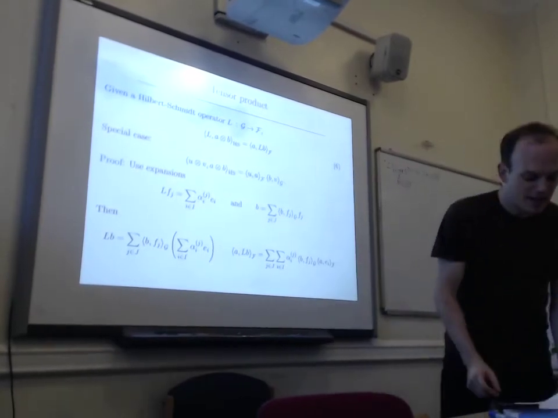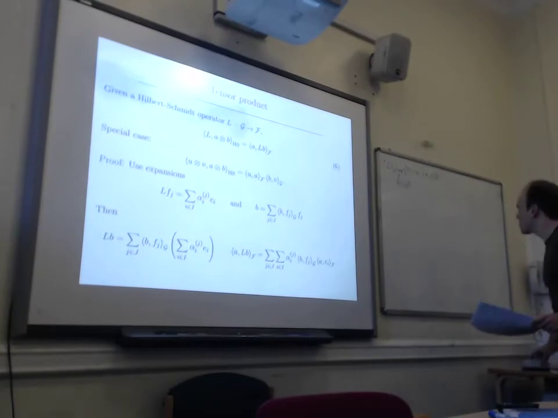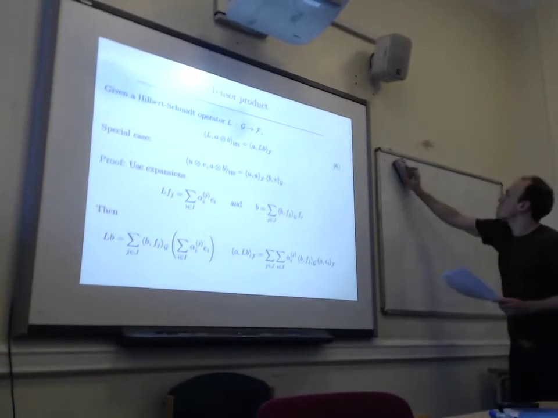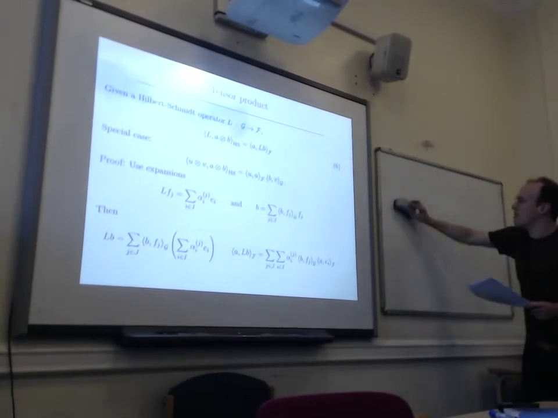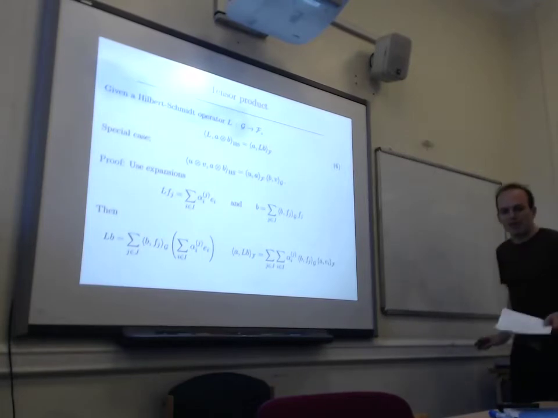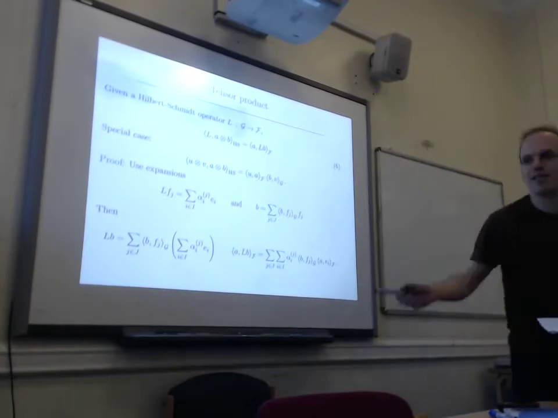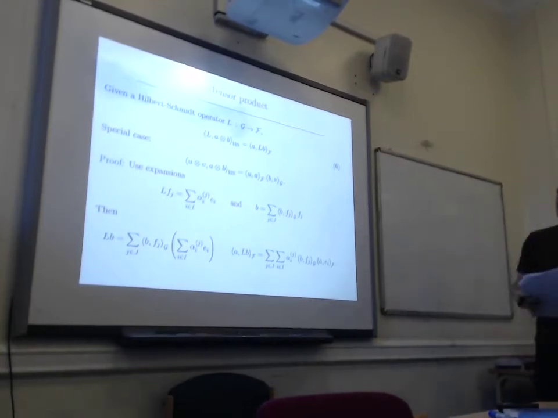So this I will just do on the board. It's worth understanding what's going on to prove this, because it tells you quite a lot about how these operators work.